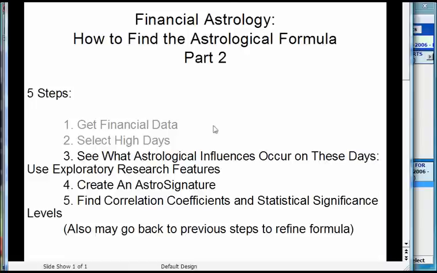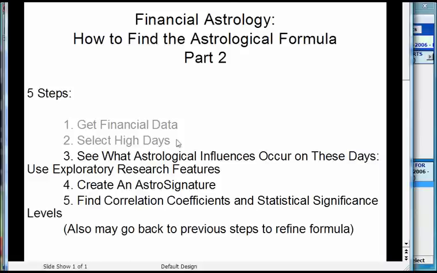What I did in that video was show how we can import data or find the data that's in the software. We're using Sirius 1.3 software, and how we can pull out the high days or peak days when gold reaches a high point.